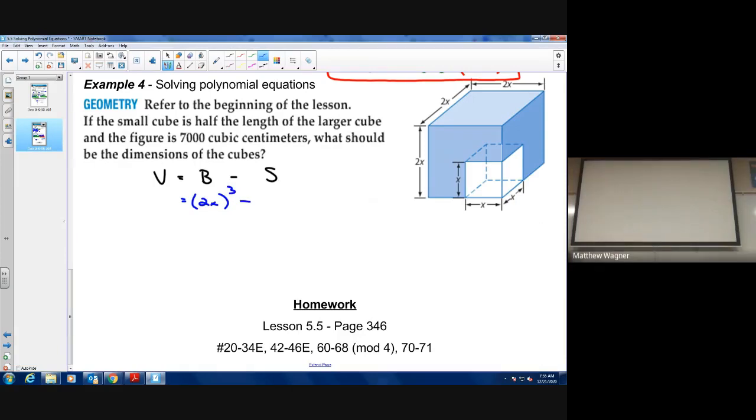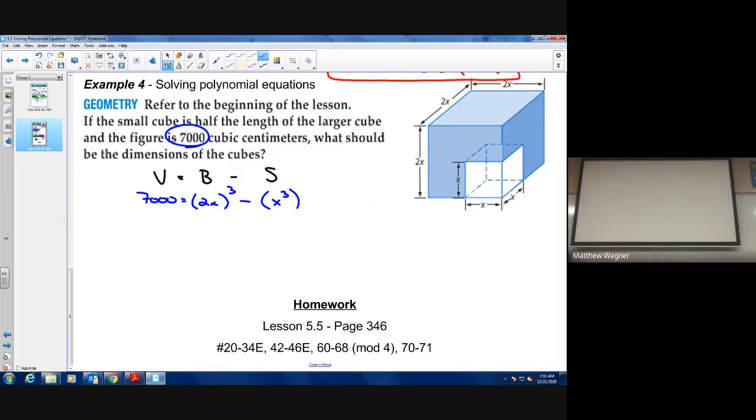The volume of the small shape is x cubed. So if I subtract those two, I'd be left with the shaded region. It says the small cube is half the length of the large cube in the figure. So the shaded figure right now is 7,000 cubic centimeters. What should the dimensions of the cubes be?